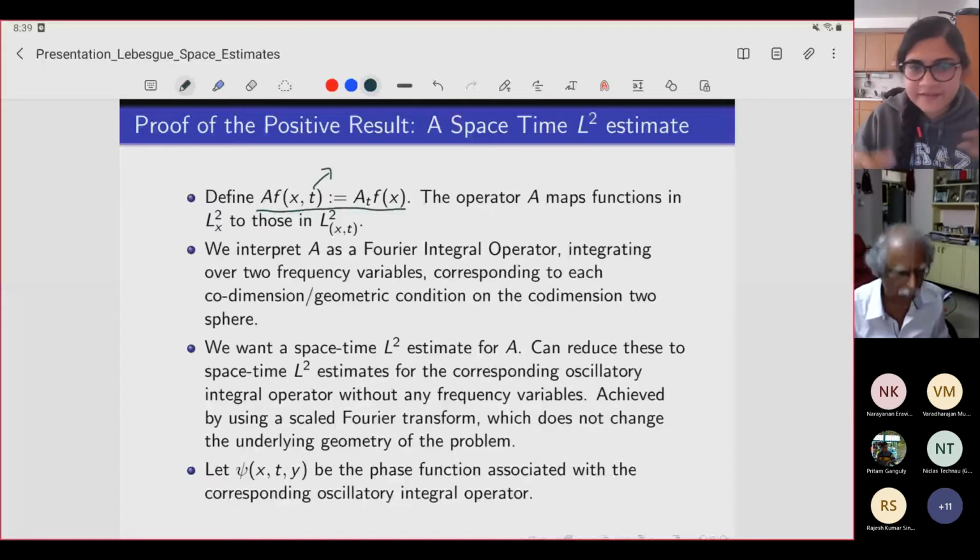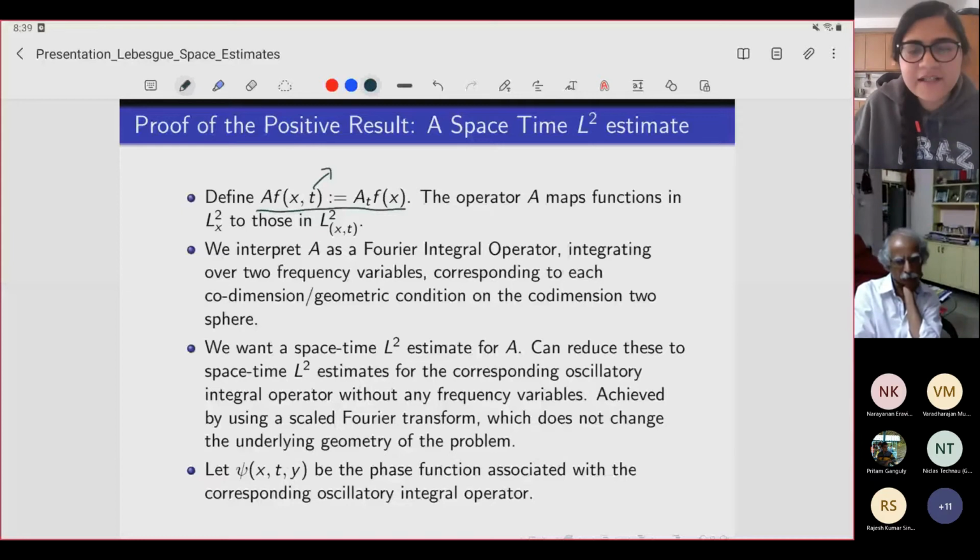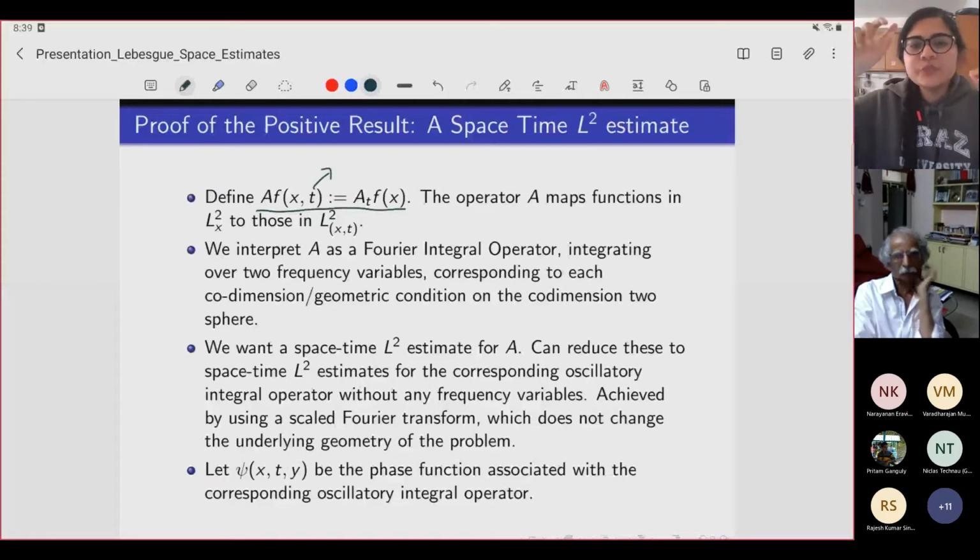It's a bit technical, and I'll not be getting into all those technicalities, but the idea is that you rewrite it as an integral with a complex exponential, but you will introduce 2 more extra variables when you do that. These we call the frequency variables. And why are you introducing 2 variables?